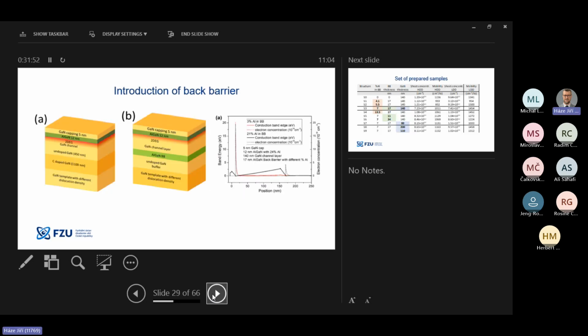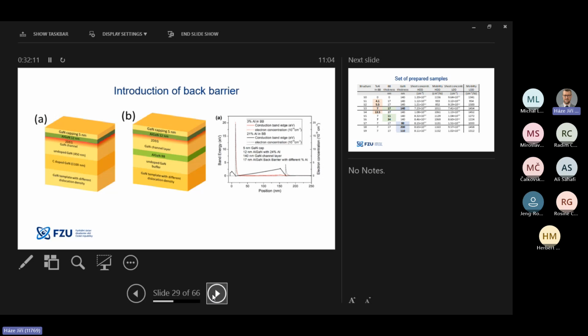And we decided to grow not the superlattices, as is sometimes used in the industry, but, for an easier way, an AlGaN back barrier, and found that it can also work well.